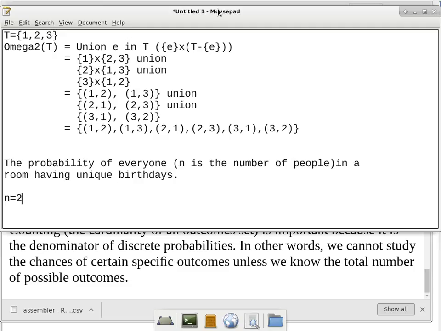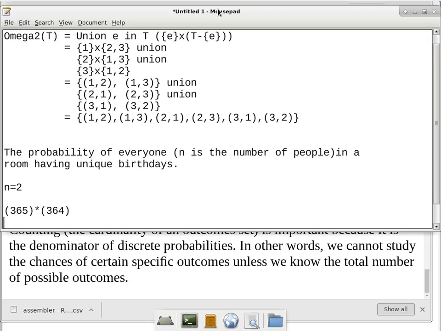So when n equals 2, which means we have 2 people in the class, we have 365 ways to choose a birthday for the first person, and then of the remaining days, we have 364 days to choose a birthday for the second person. Is that right? Ordering is important here.